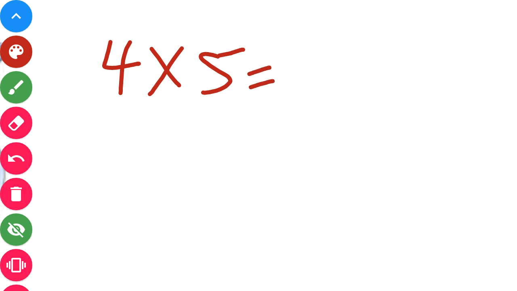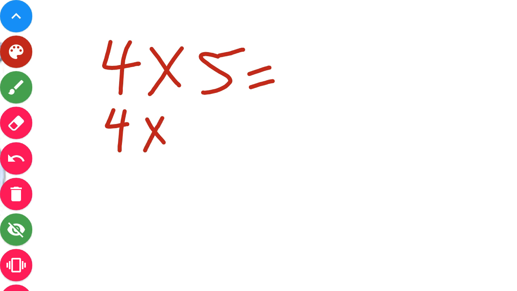Okay. Now kids, see here. Suppose I take a number 4 and I have to multiply 5 in the 4. 5 into 4. What will I do here? I will read 4's table 5 times.